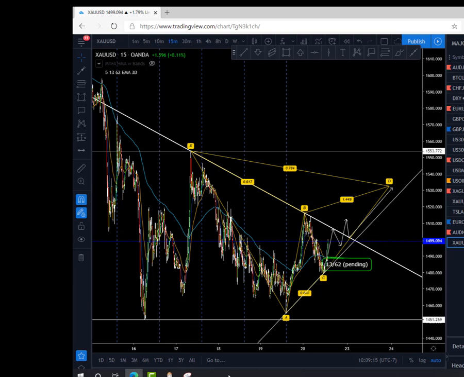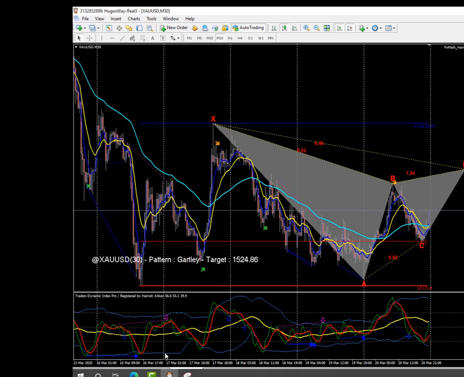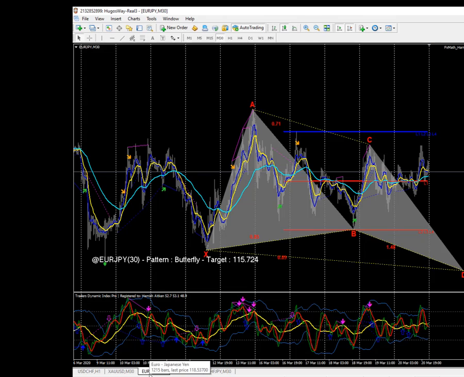Now let's go with the other pair, the last pair that the scanner found for us, which is a butterfly.